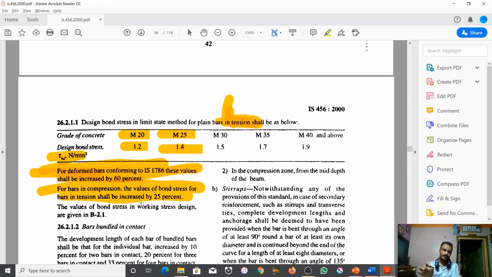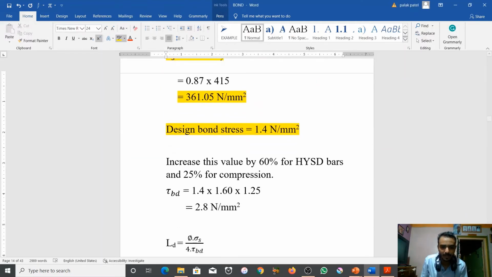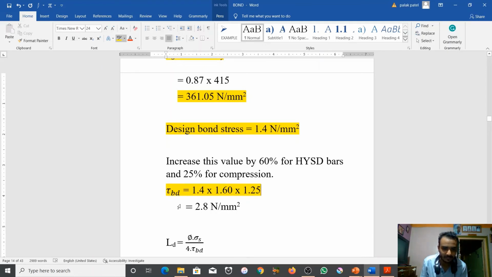So your bar is in compression, so bond stress is increased by 25%. 1.4 multiplied by 1.6 into 1.25, so tau BD is 2.8 Newton per mm square.